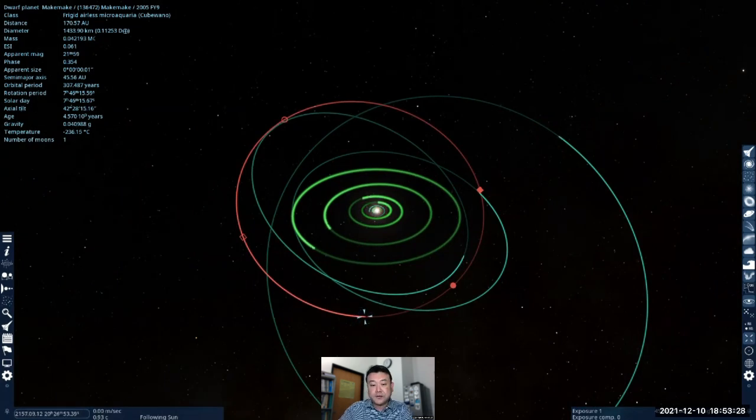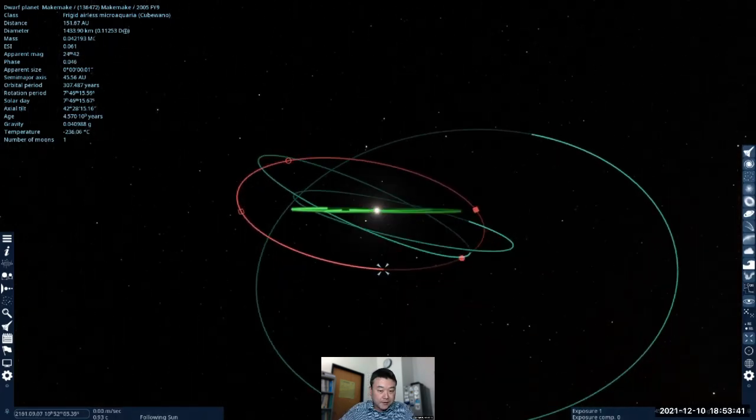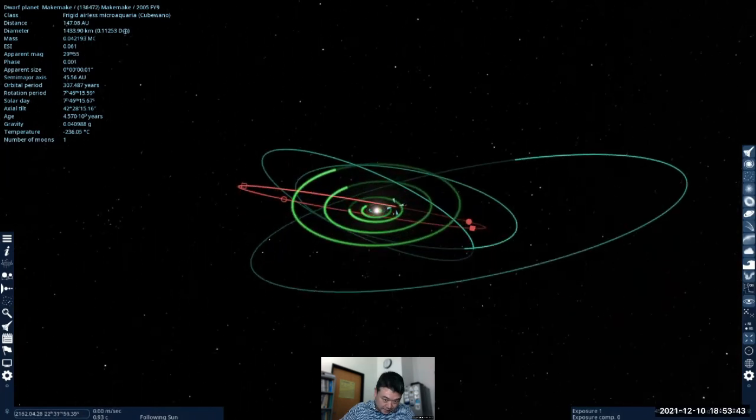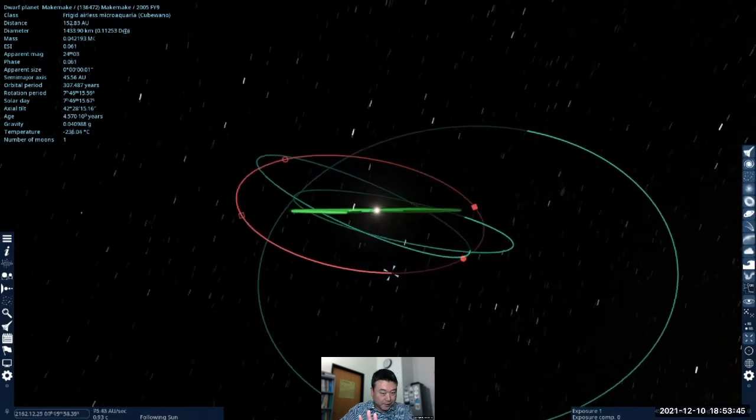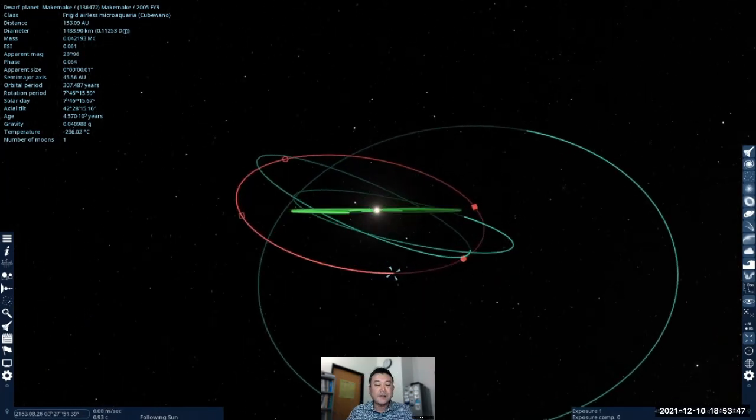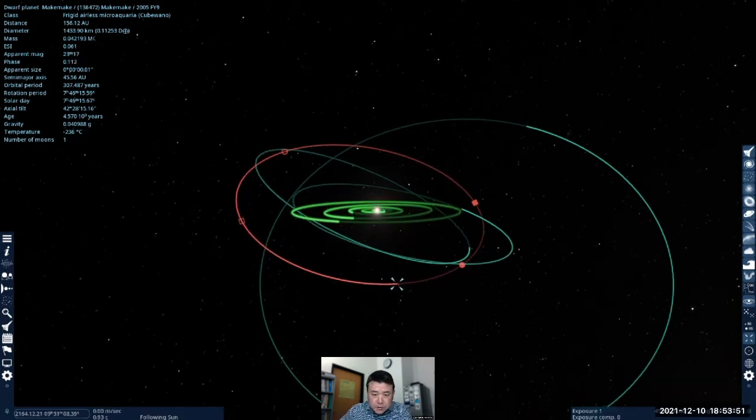So they haven't cleared their neighborhood. They are not big enough to push away or gravitationally dominate other objects in a similar orbit. So based on the criteria, these trans-Neptunian objects, which are also outside of the ecliptic plane, are not major planets. So let me show one of the comets.